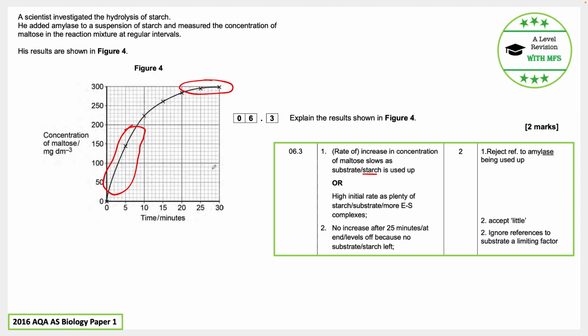Okay. However, the second mark is looking at this specific point after 25 minutes. It levels off because there's no starch left. And it does say except little. Okay? And that's what you need to write for 2 marks.